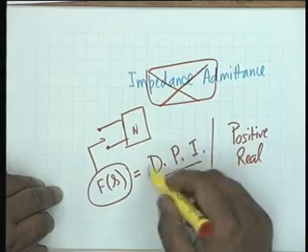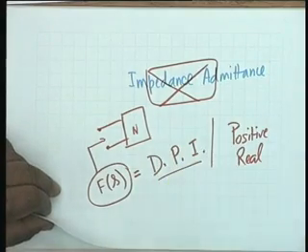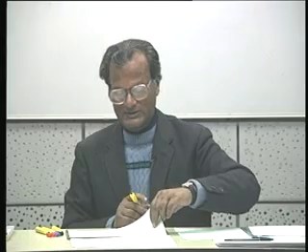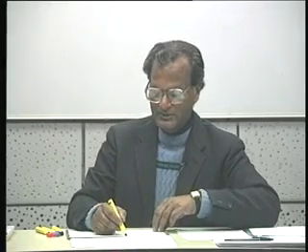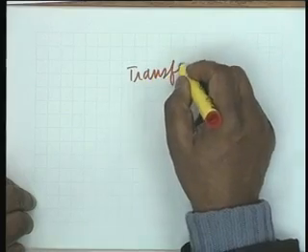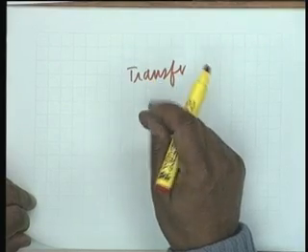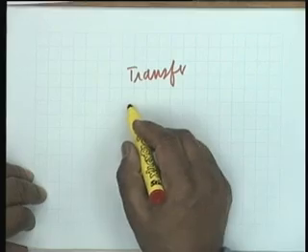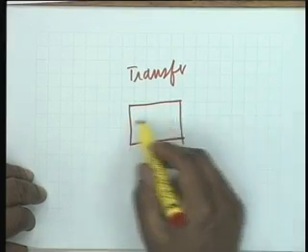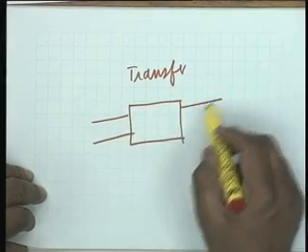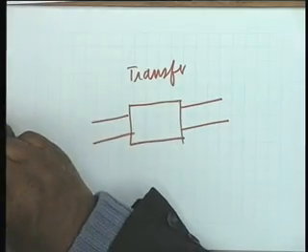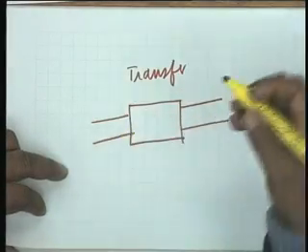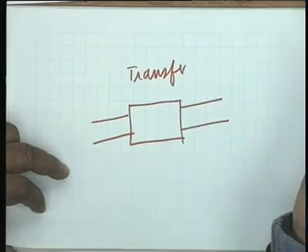Now I use the word driving point, which means that there must be other types of network functions, the so-called transfer functions. In network functions you have to be careful: the term transfer must be used only to denote a difference between the excitation and response ports, that is, excitation at one port and response at some other port.